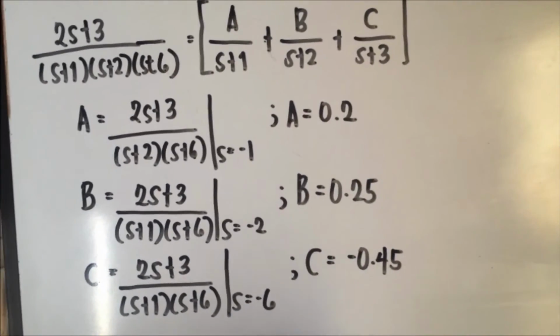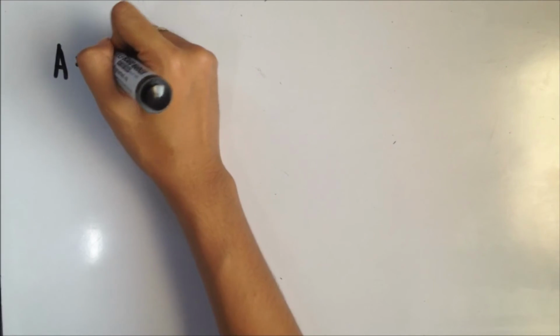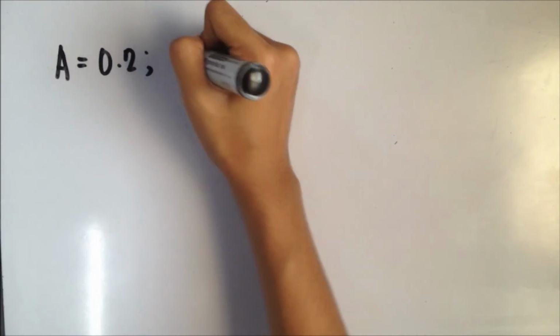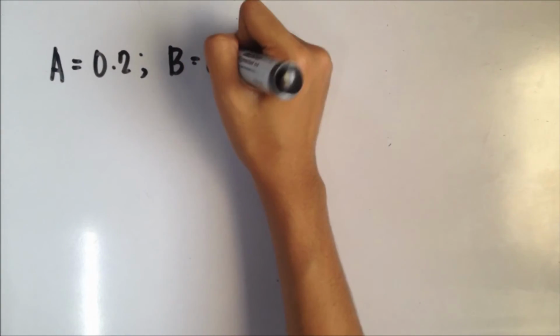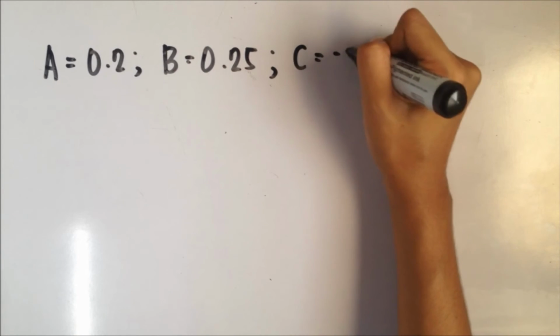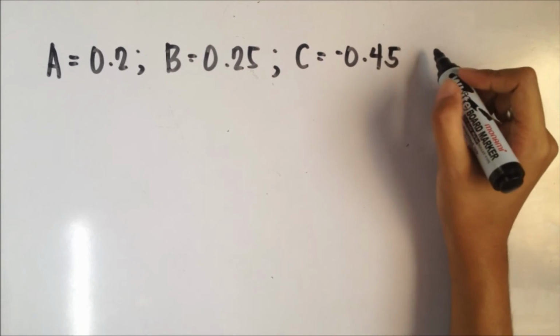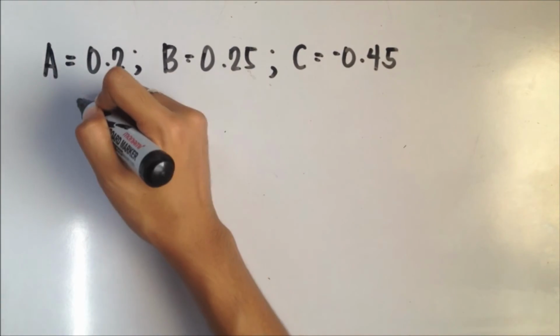So we will use these three values later. So the values before: a is equal to 0.2, b equal to 0.25, and c equal to negative 0.45. We will substitute these into our equation.